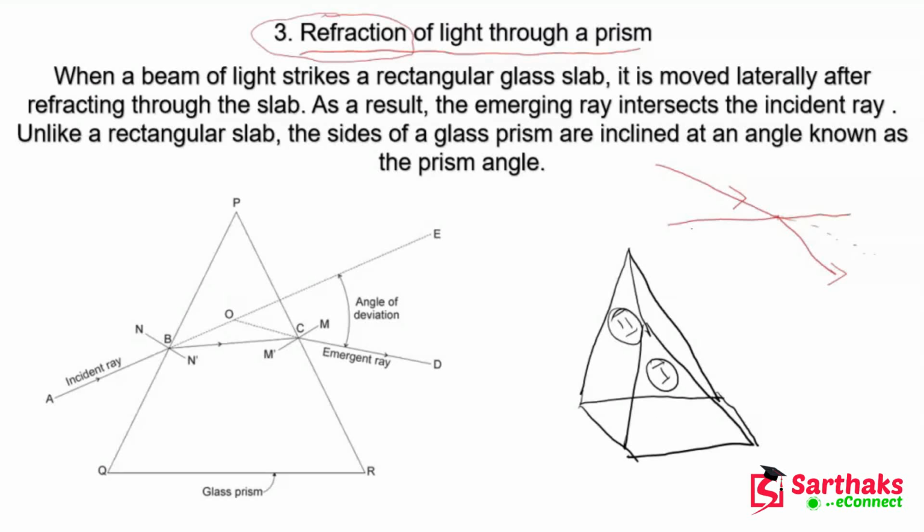You can see this is a rectangular surface. Let me show you with another pen, and this is another rectangular surface and this is another rectangular surface. So it has three rectangular surfaces. I hope, guys, this point is clear to you.